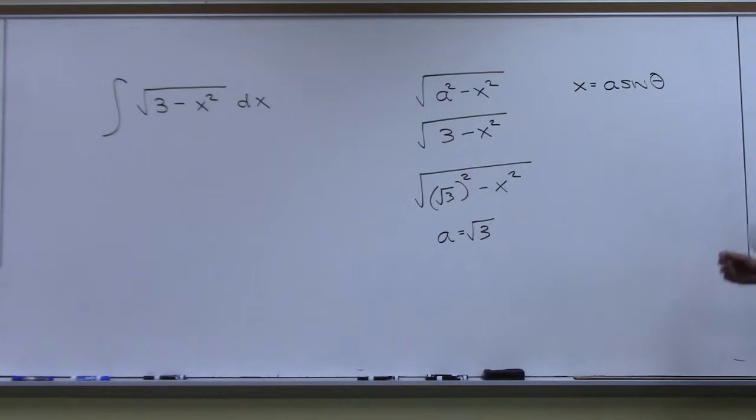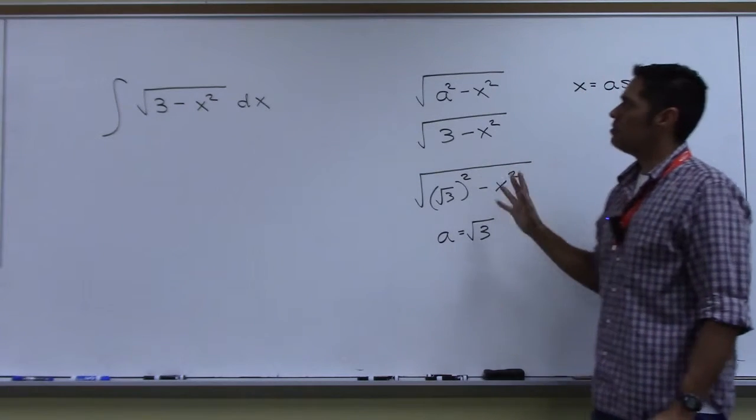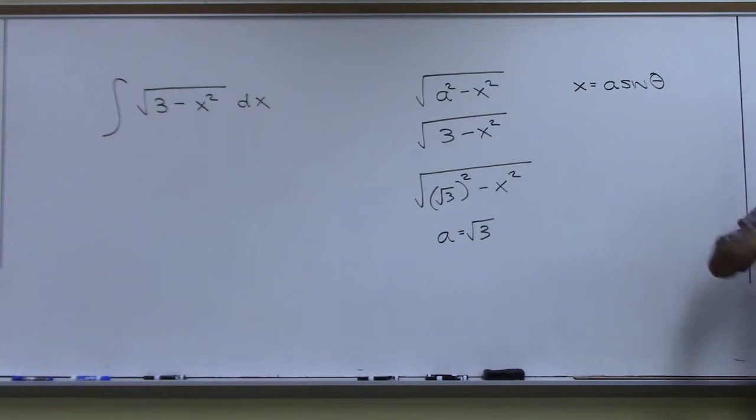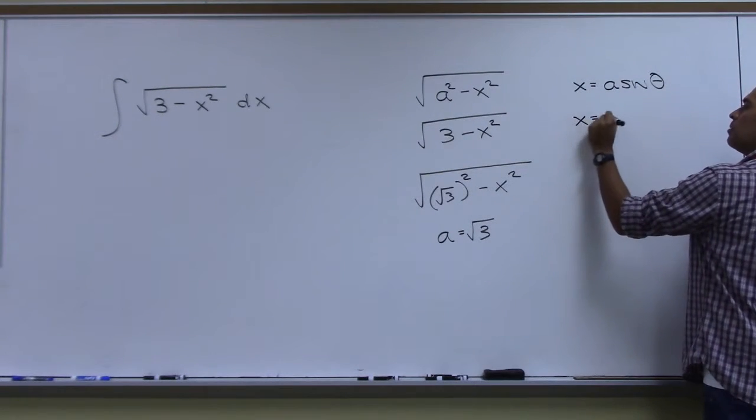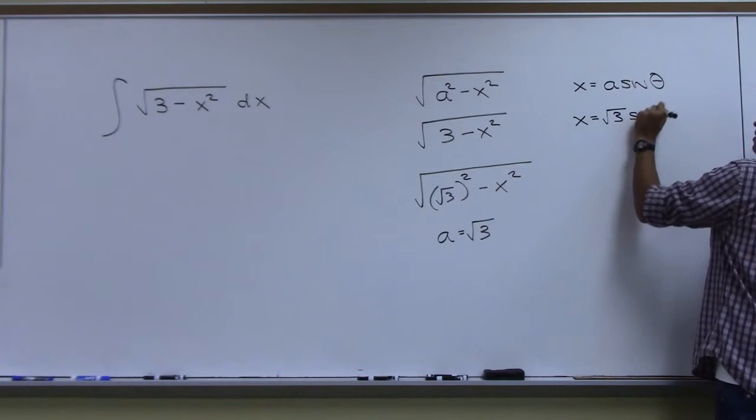It's not the last one, it's not x squared minus a squared. We'll do one of those next class. The reason is because I want you to see this happen. X is equal to root 3 sine theta.